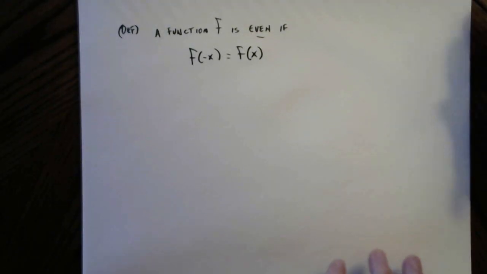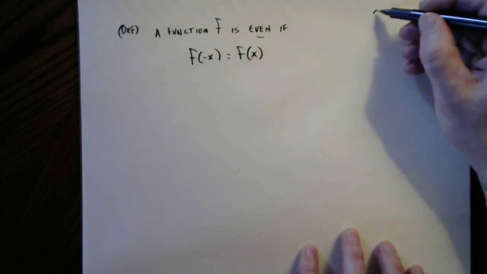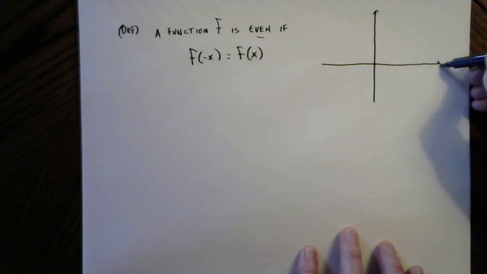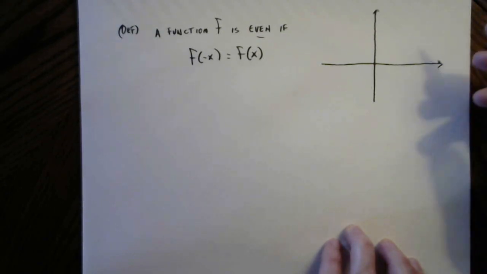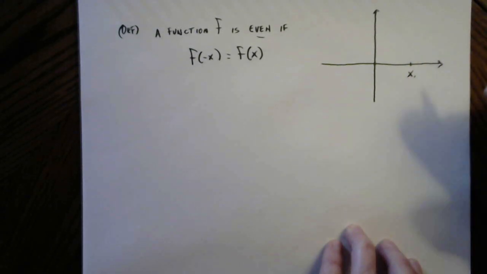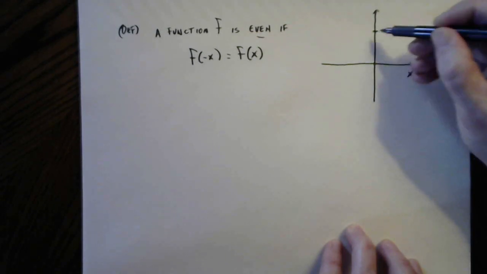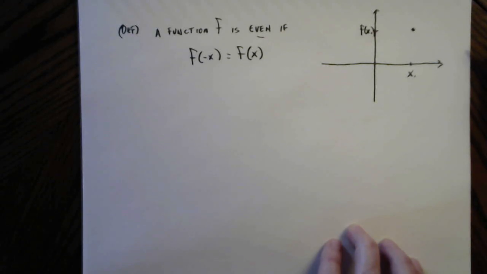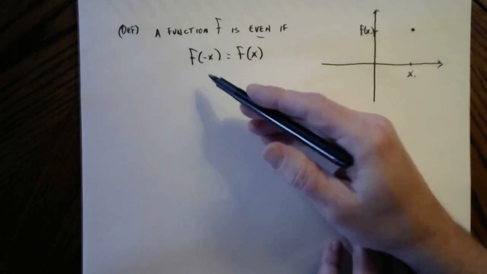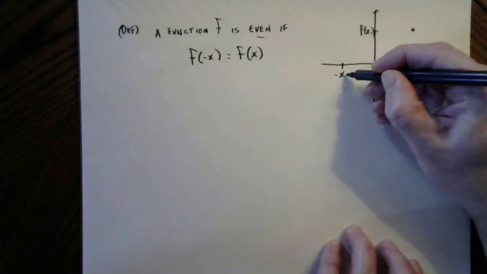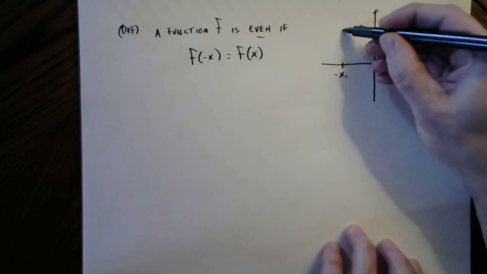So let's think about what that means graphically, because that's a point that we want to make here. So the idea is, say I pick some x, over here. In fact, I'll just call it x1. Well, let's say the y value f of x1 is here. Well, what is this telling me? If I have the negative x1, which would be the mirror image over here, I have the same y value.